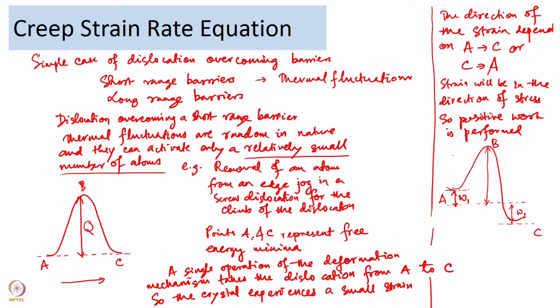It is going to become Q minus W1, because the presence of the stress is driving the system forward. So, it is going to become even more difficult for a dislocation to move in the opposite direction. C is going to come down, and so the barrier for the dislocation to move from the new position of C to B will be Q plus W2.